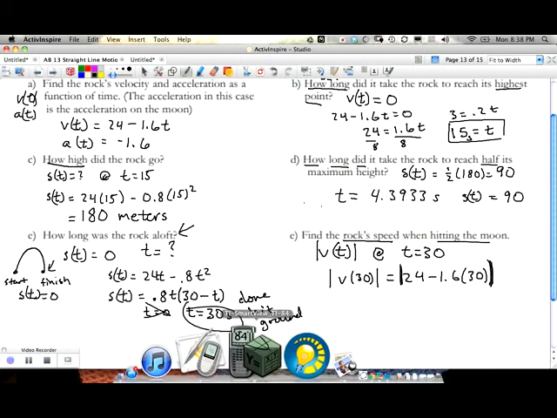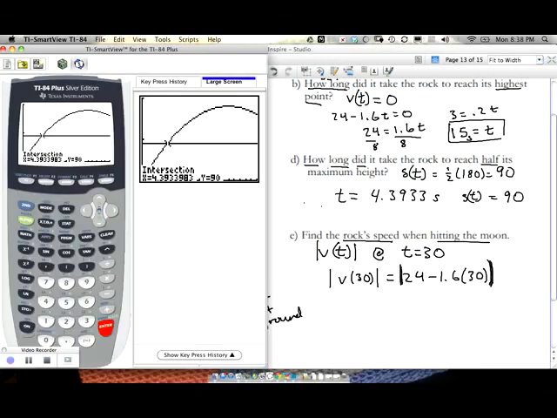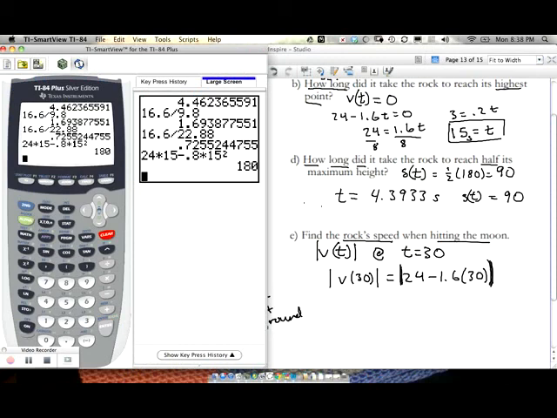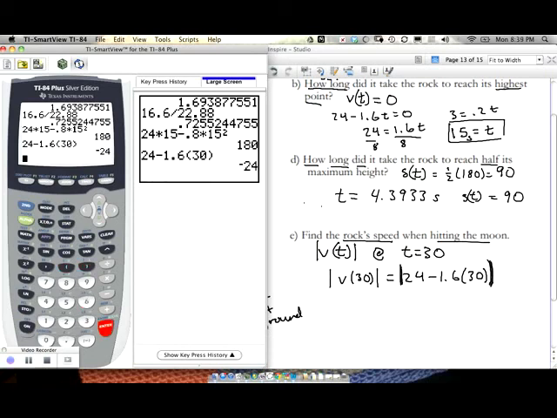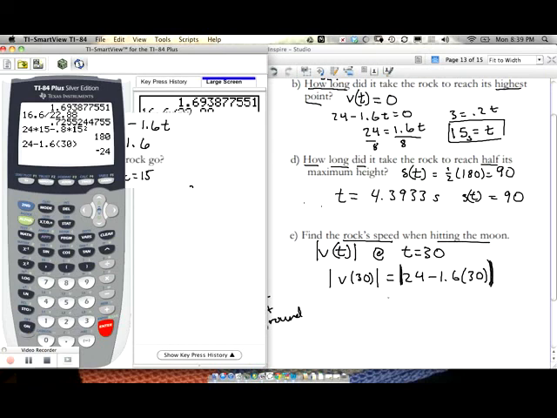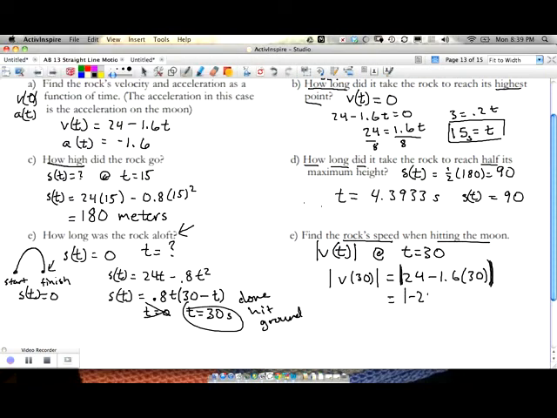What do we get? Negative 24. So that's equal to the absolute value of negative 24, which is equal to 24 meters per second, because we're talking about meters and seconds.